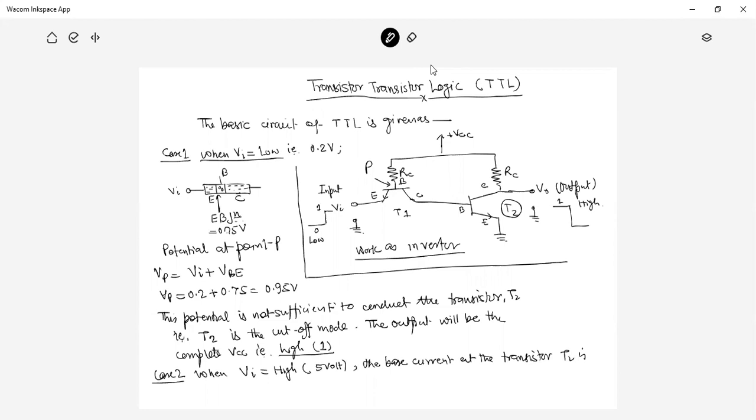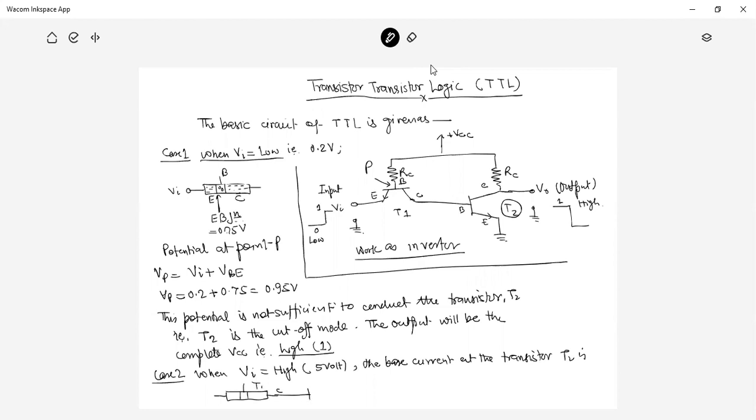If you would like to see the block diagram, this one is base, this is emitter, and this is collector of transistor T1.